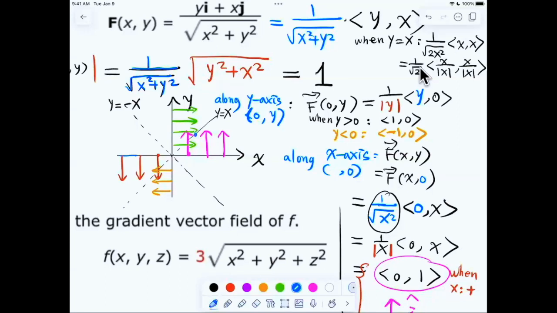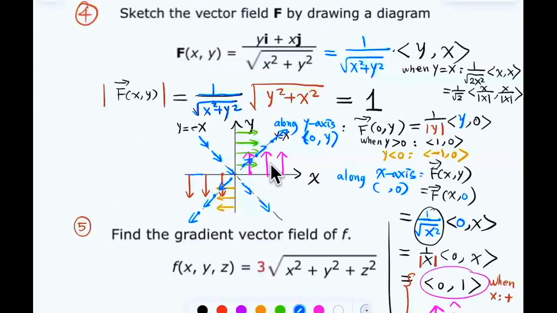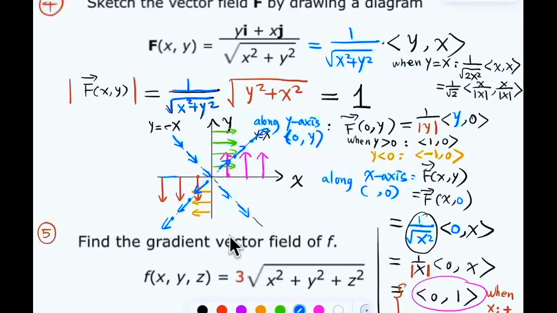It's 1, 1, so it's going to point this way. When x is negative, then it goes the other way. And you also can do y equal negative x, and you will see something similar. So you kind of see the vector field to draw it. I guess this one will be multiple choice.